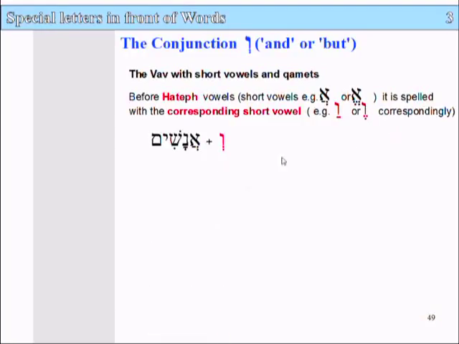So let's have a look at an example. Here we have the word anashim, which means men, and it's got a patach hatuf, and we add the vav, we get va-anashim. So you see it's taken on the patach of the patach hatuf under the first letter.